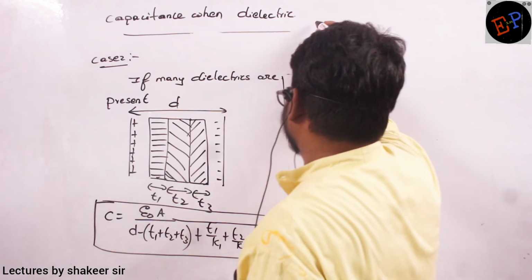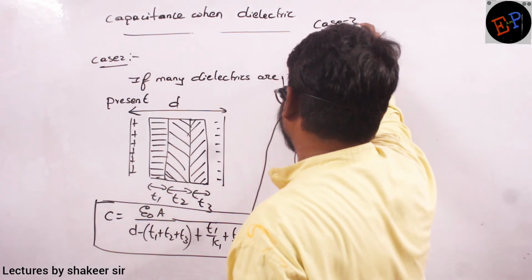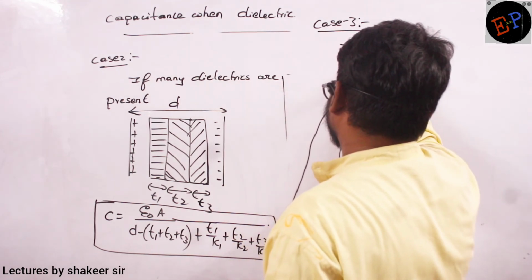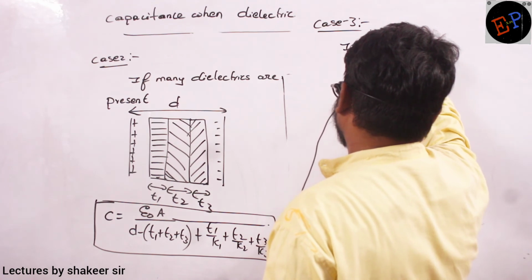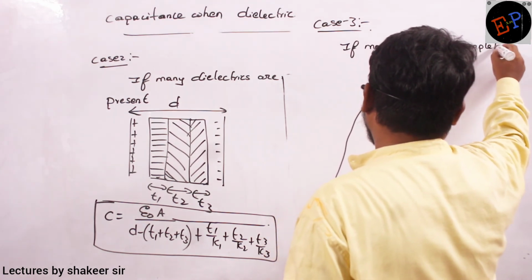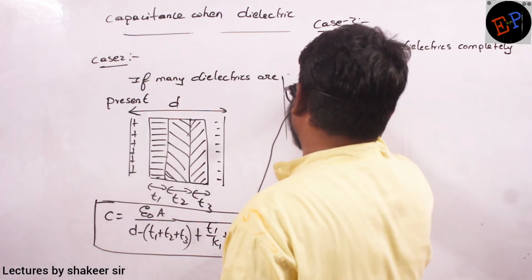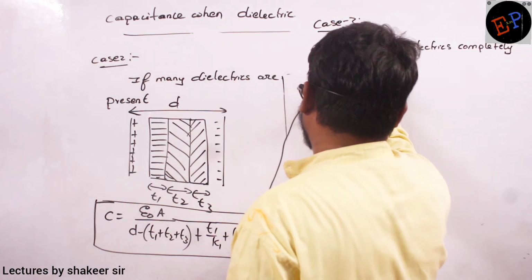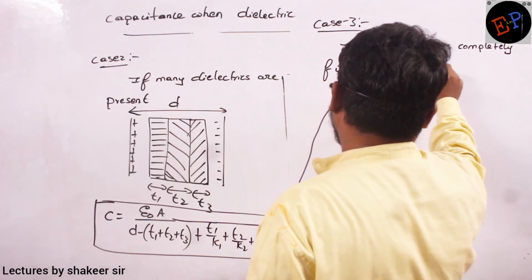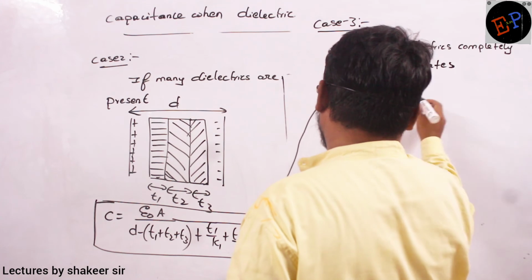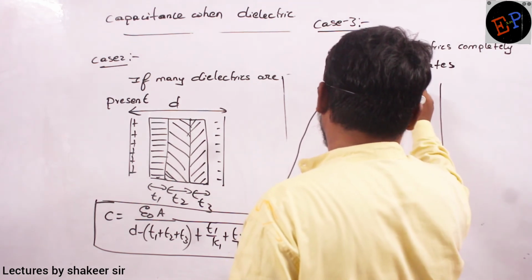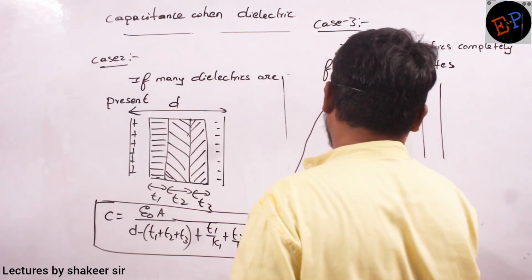So case number 3 is, if many dielectrics completely fill the gap between plates. It means that how can I draw the diagram of this? Clear? So this is 1, 2, 3 like this.